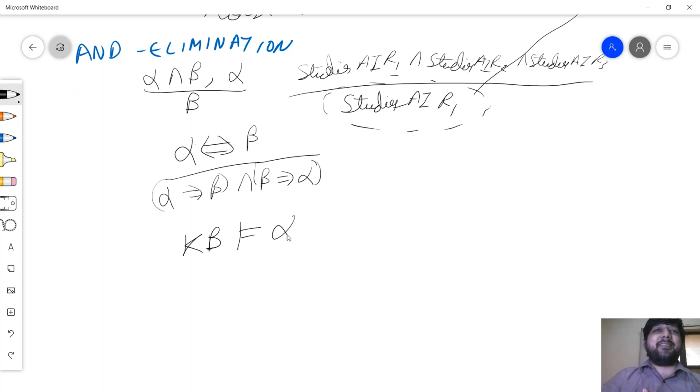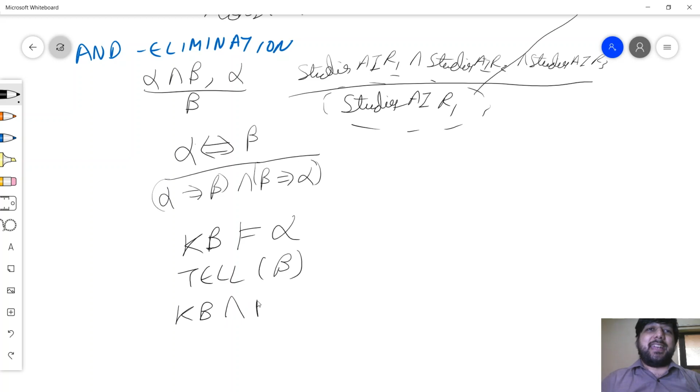Let's say I can derive alpha from it. Now what happens is that the user, the sensor, gives me a new fact. It tells me something new. It quotes me a sentence I did not know, and there is a tell beta operation. So now what I know is, I know knowledge base and I also know beta.